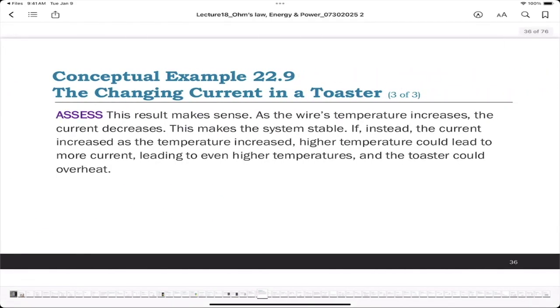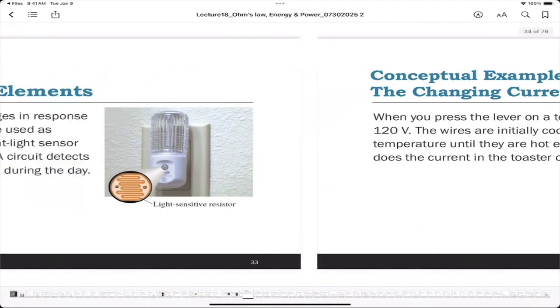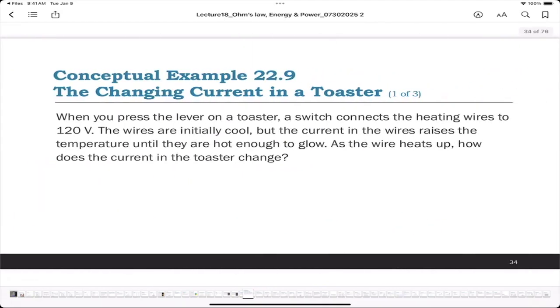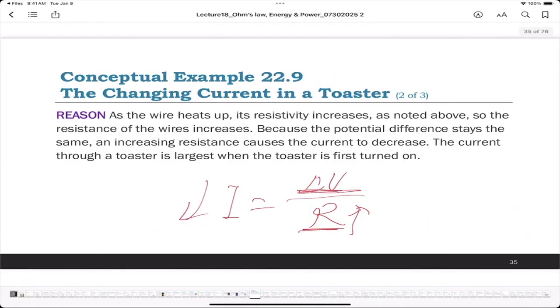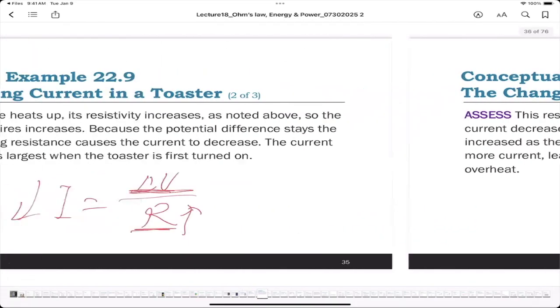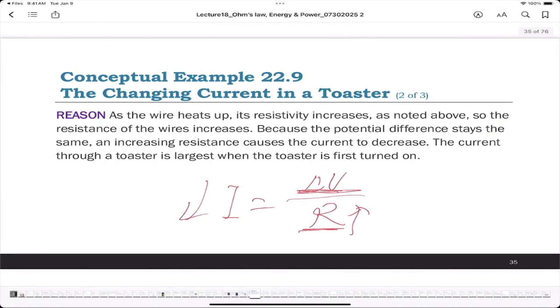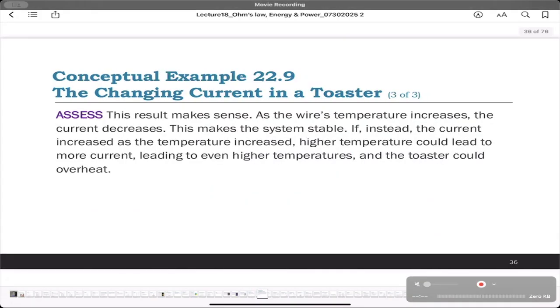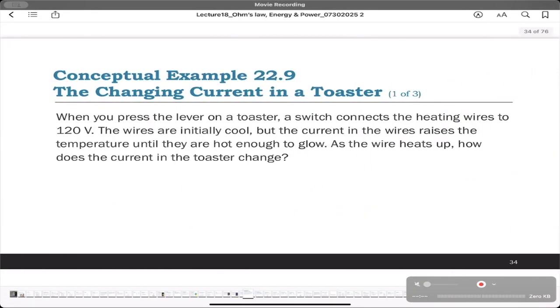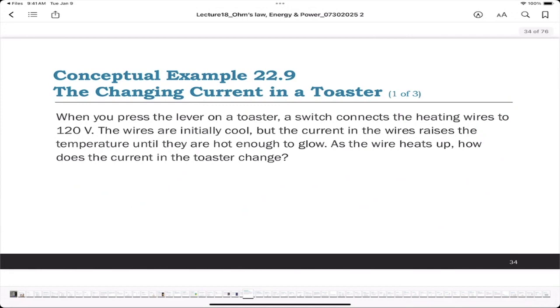Which means as a wire heats up, the current will become smaller.